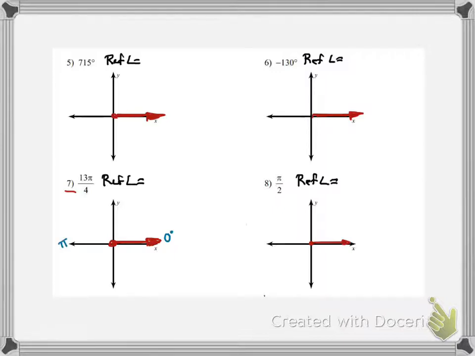Pi instead of 180, and back to 2 pi. Now remember though, that I need to have something in fourths, so I can figure out where 13 pi over 4 is. So instead of having pi, I'm going to change this to 4 pi over 4. It's still equal to pi, but it's in fourths.